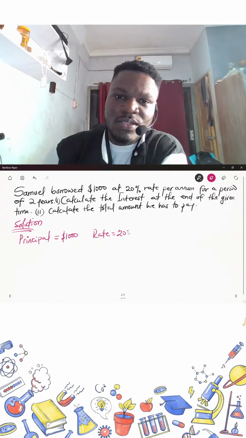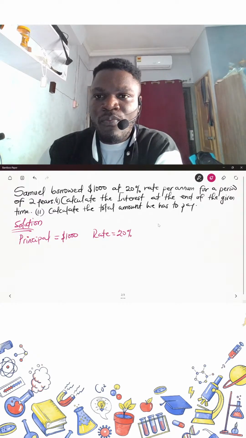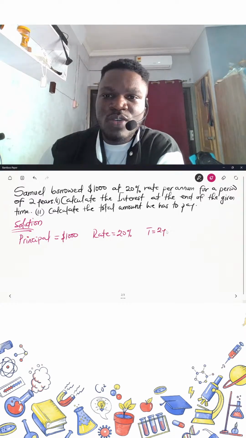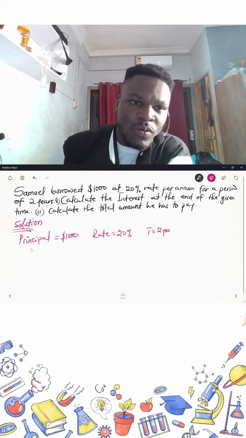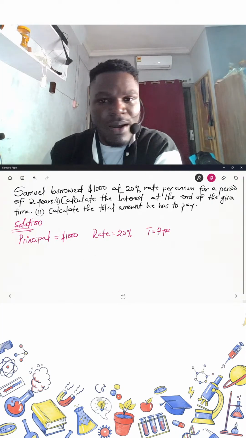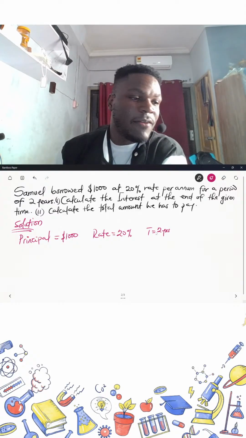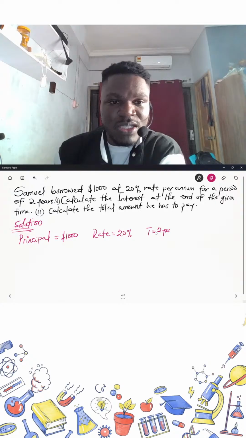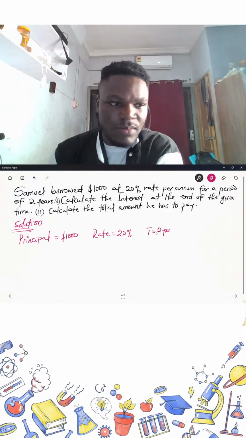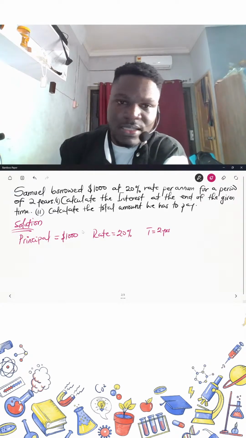So we have 20%. And then the time, or the period that we were given, is 2 years. So once I have my principal, my rate, my time, all that I'm left with is basic multiplication or substitution into the formula, and then I get my answer. That is all that this is about.